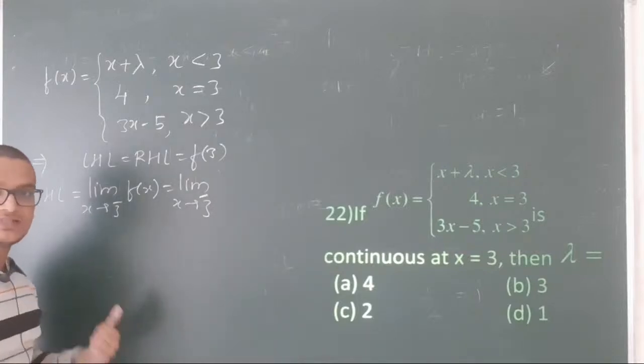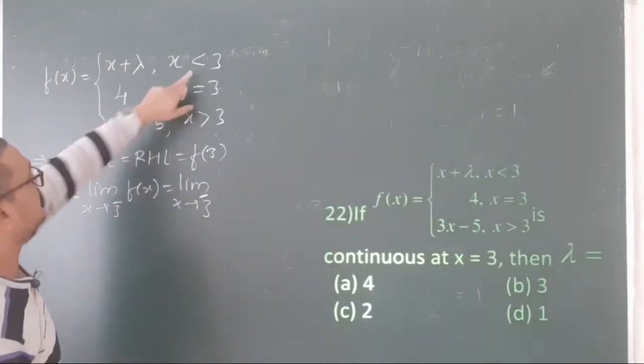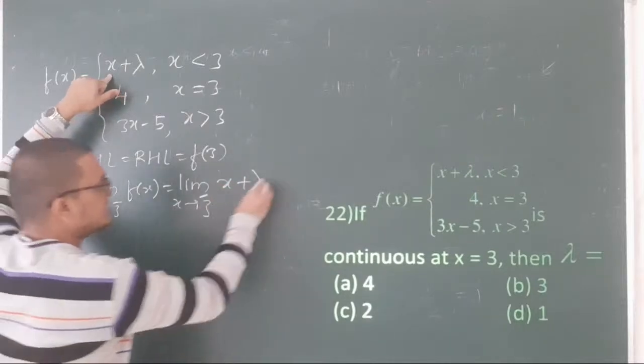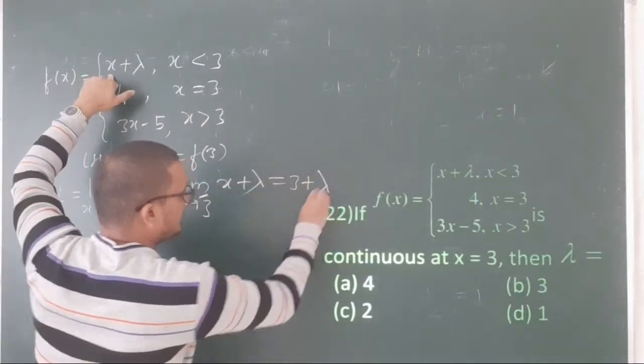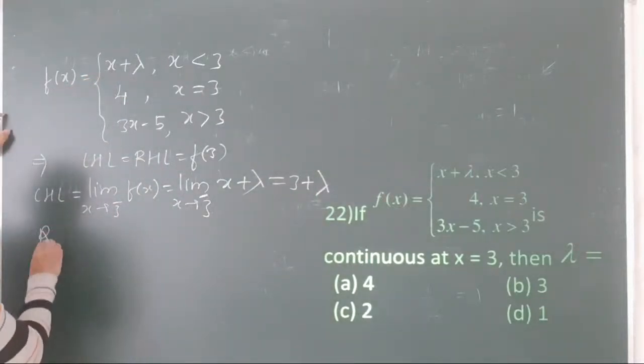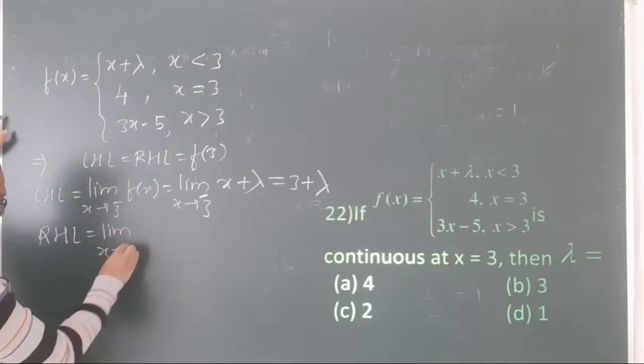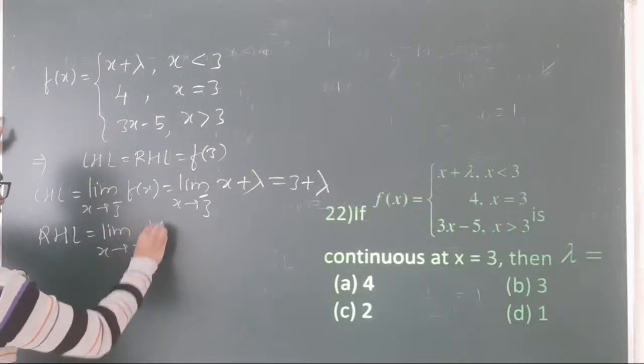LHL means what? x is less than 3, and for x less than 3 the function is x plus lambda. Put the limit as x tends to 3, the answer is 3 plus lambda. Next find RHL, that is limit x tends to 3 plus f of x.